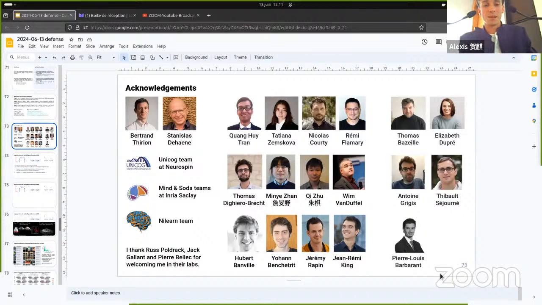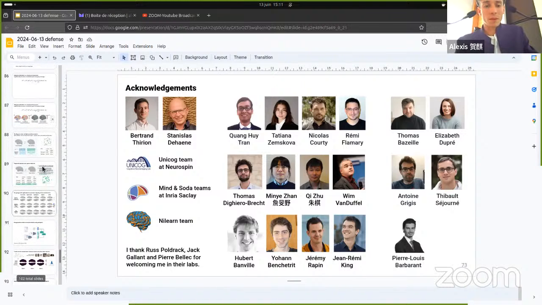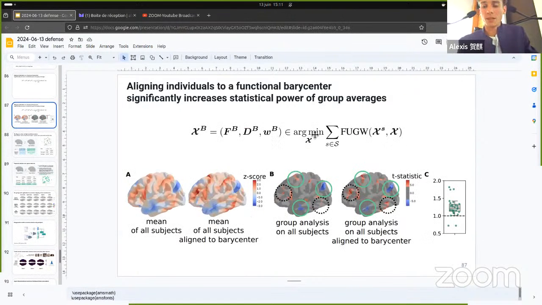What do you mean by barycenters? Actually, I didn't follow that. Do you mean sort of the centers of clusters? Yes, so by barycenters, I mean something like this.